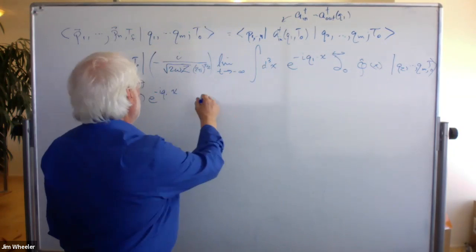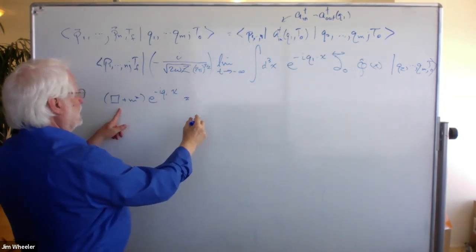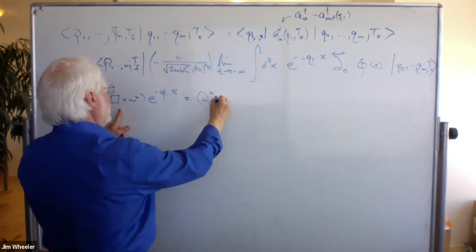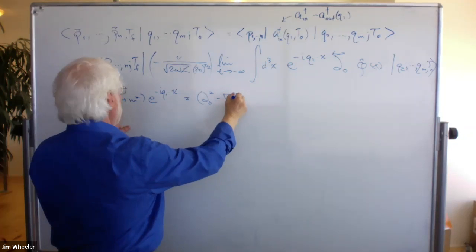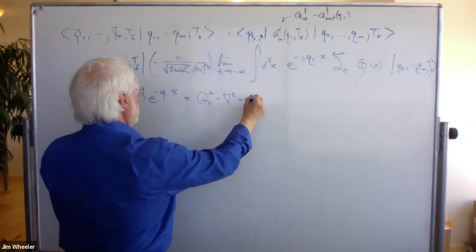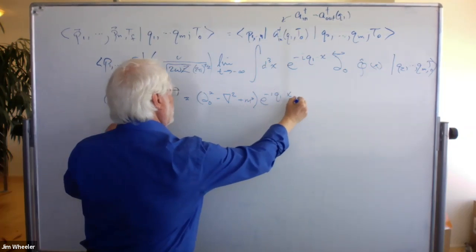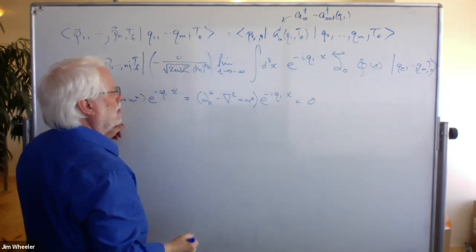Yeah, and this box is two time derivatives minus a Laplacian plus m squared on e to the minus i q1 dot x, and all of that is 0.